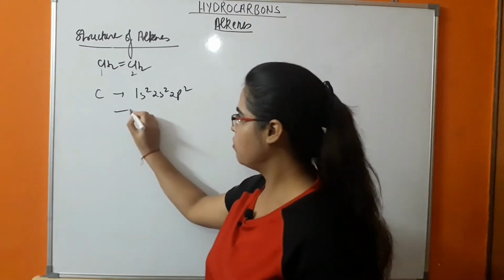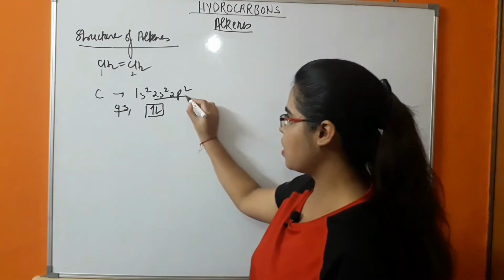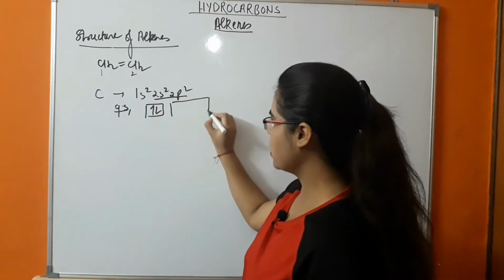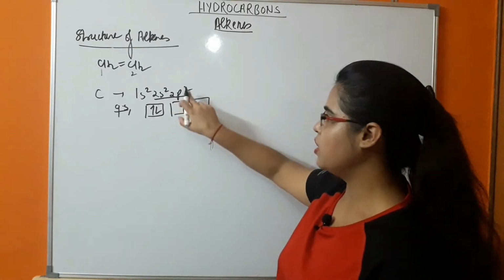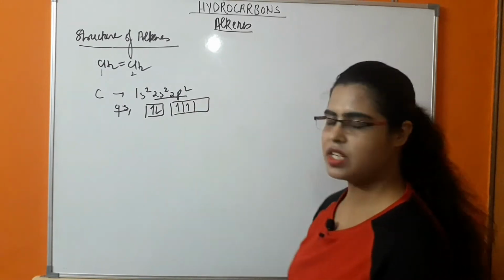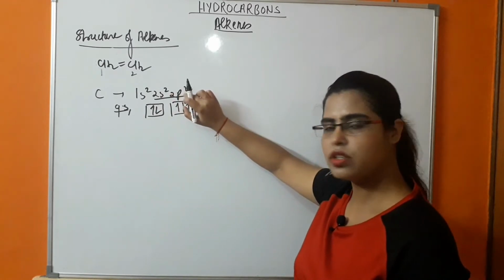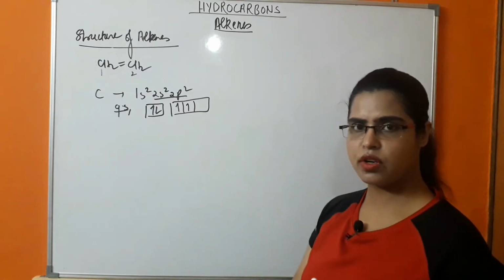In the ground state, the outermost shell has 2s2 and 2p2. There are 4 electrons in the outermost shell, so to complete its octet it needs 4 more electrons.